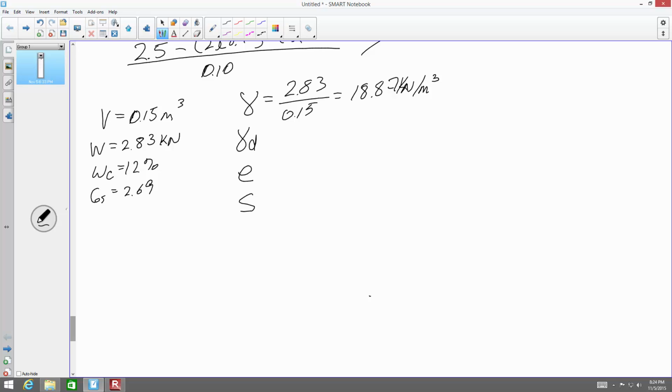What's the dry unit weight? 18.87 over 1 plus 0.12. 16.85 kilonewtons per meter cubed.